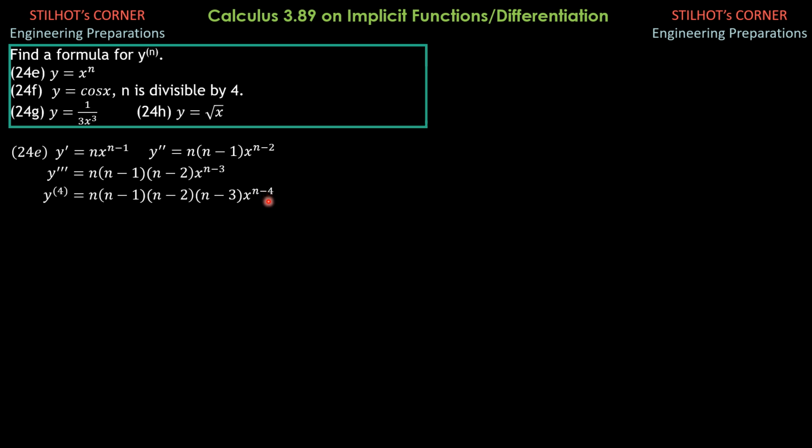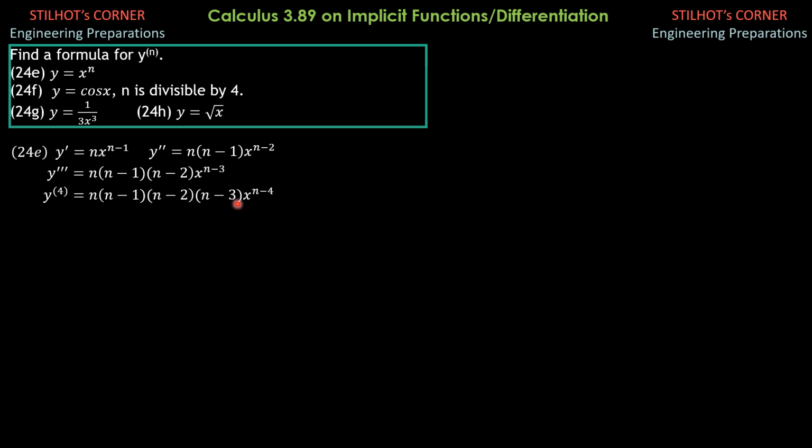So in general, this is n minus 1, n minus 2, then this is the fourth term, and in general, this is n minus quantity n minus 1.